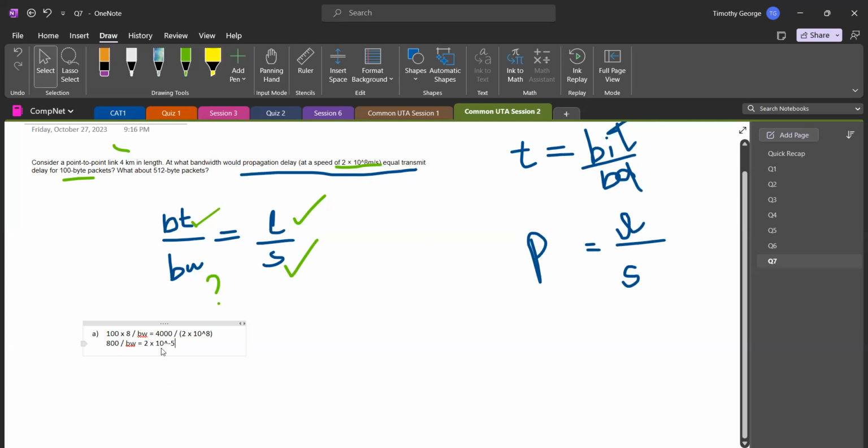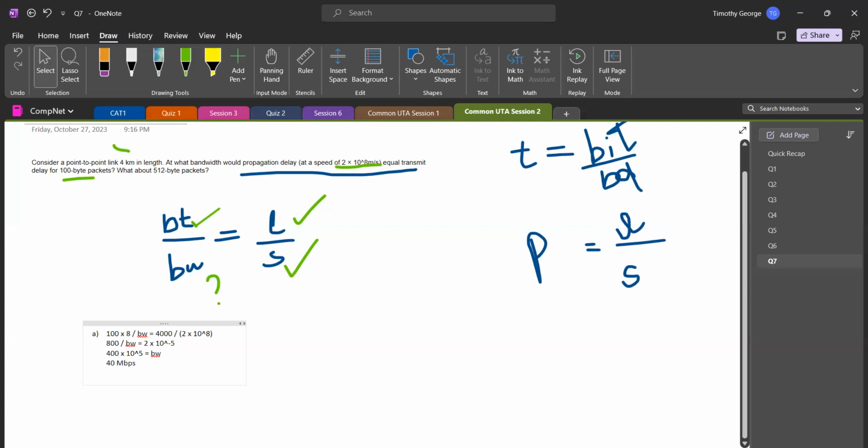Then the bandwidth comes to that side, cross multiply, and you get 400 into 10 to the power 5 equal to bandwidth, which is 4 into 10 to the power 6, actually 40 megabits per second. That's the first part.